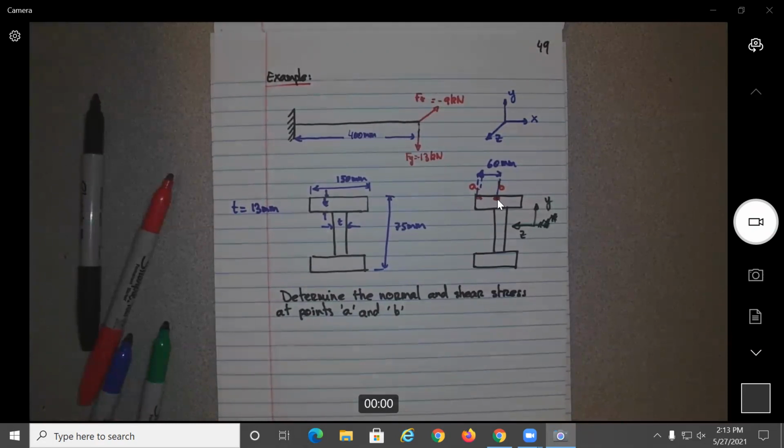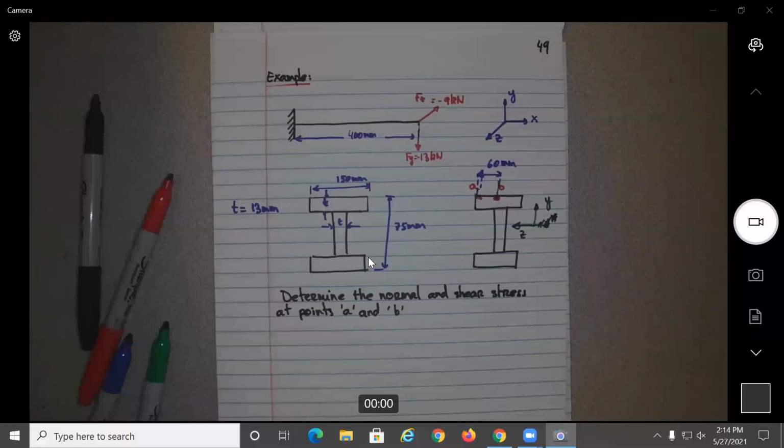It should be 0, just due to this force. Is there anything to rub against here? Nothing. Now be careful. If we look at the force Fz, would the shear be 0 at A and B? No, it will not be 0.